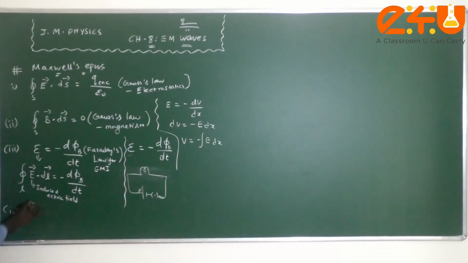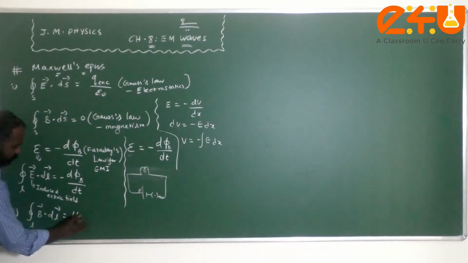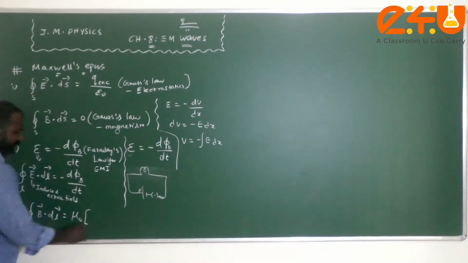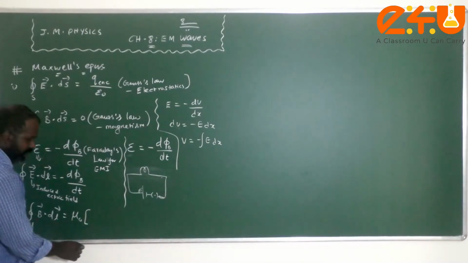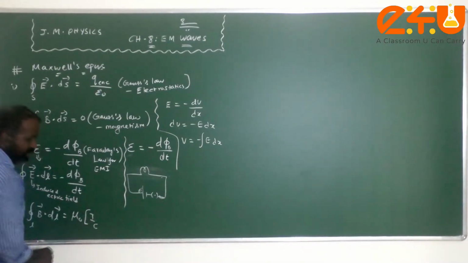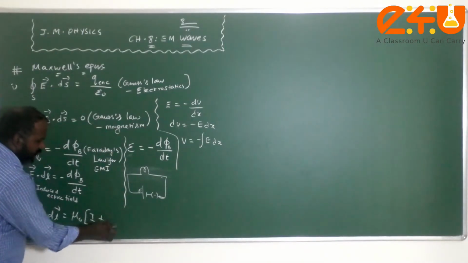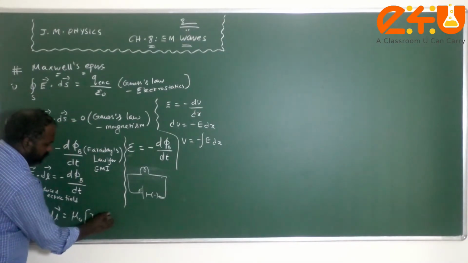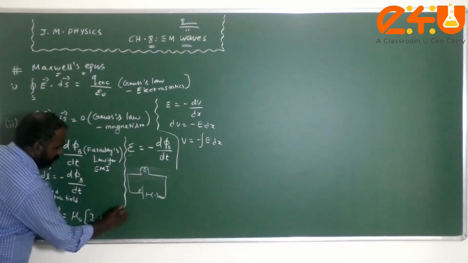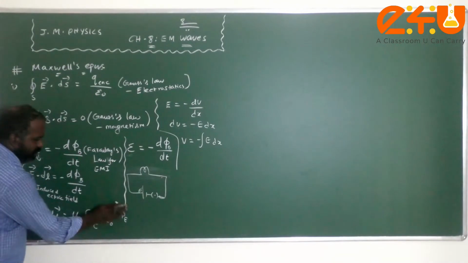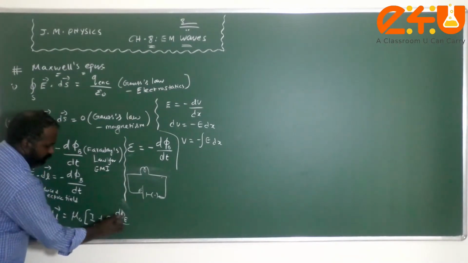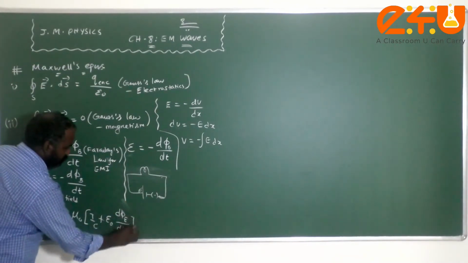That means the line integral of B vector dot dl vector is equal to mu naught times I enclosed. The enclosed current is nothing but I conduction plus I displacement. I displacement is epsilon naught dφ_E by dt, that is the rate of change of electric flux between the plates of the capacitor. We all know that.